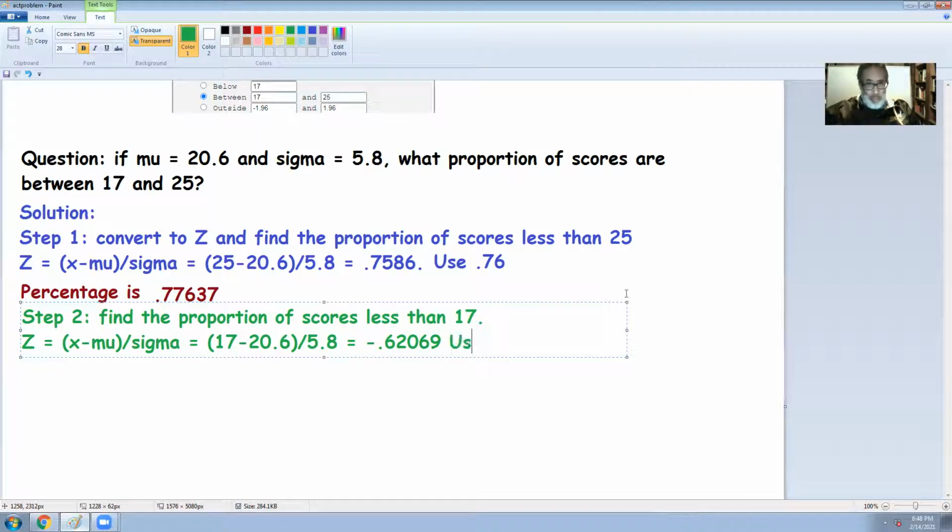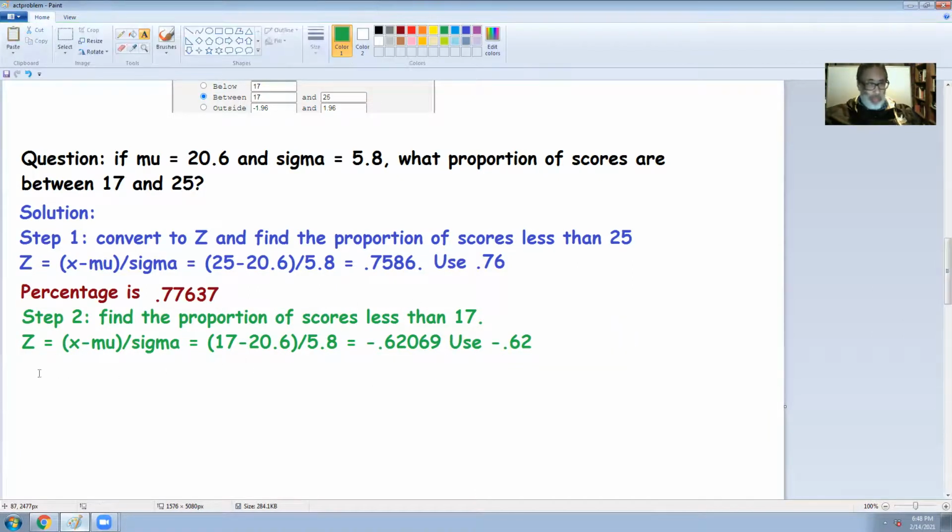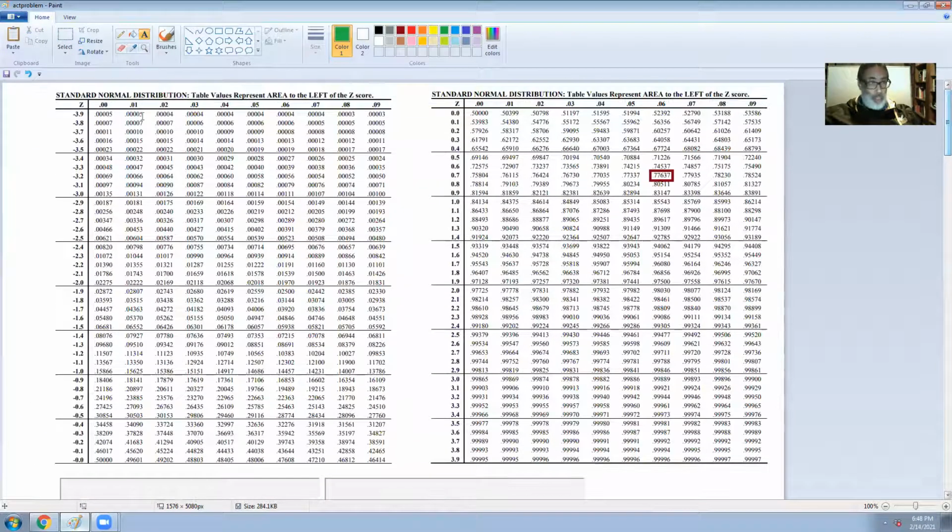Here we use minus 0.62 because that's a two-digit table. We don't need all the rest, right? So now we go to minus 0.62, and we're on this part of the normal distribution because these are the negative values. That's minus 0.60, minus 0.61, minus 0.62. I'll outline that.